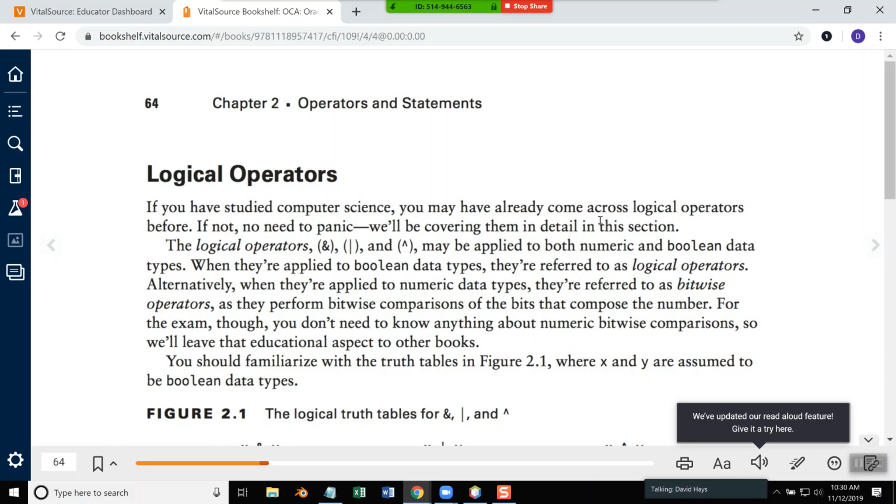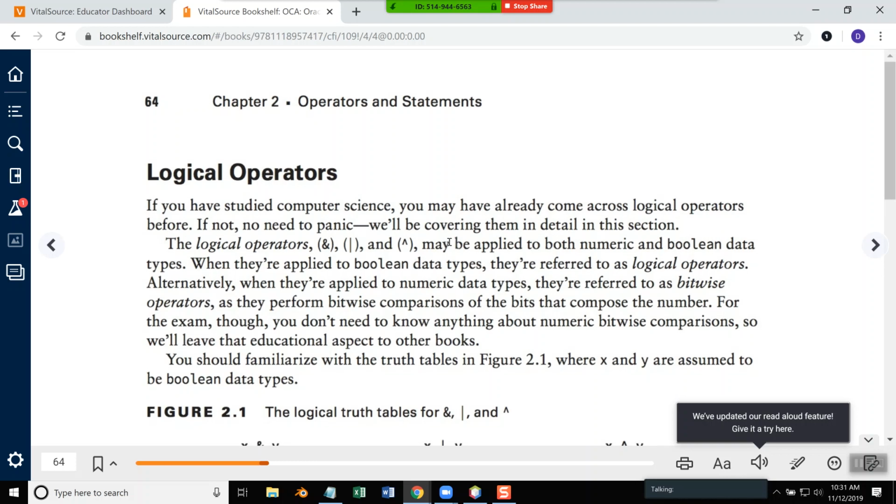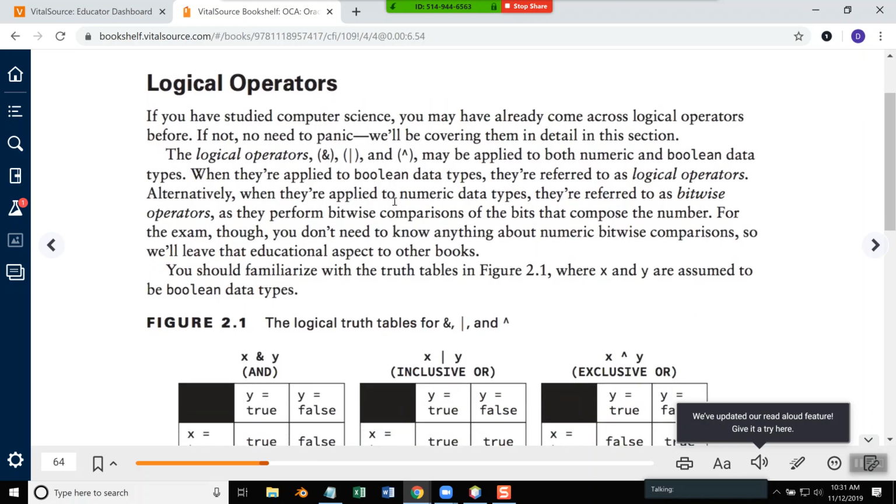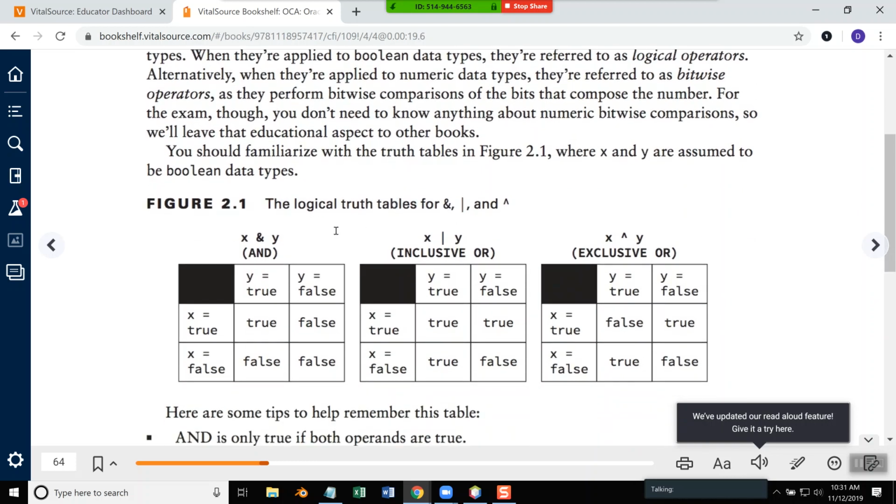Logical operators. We got the and here. If x is true and y is true, then that's true.